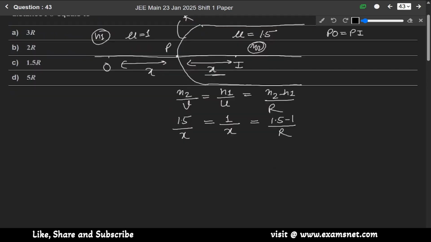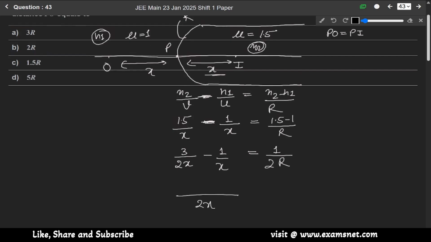So 1.5 means it will be 3 by 2, and this x minus 1 over x, it will be 1.5 minus 1, so it will be 0.5, meaning 1 by 2, and into R. So now taking the LCM 2x.